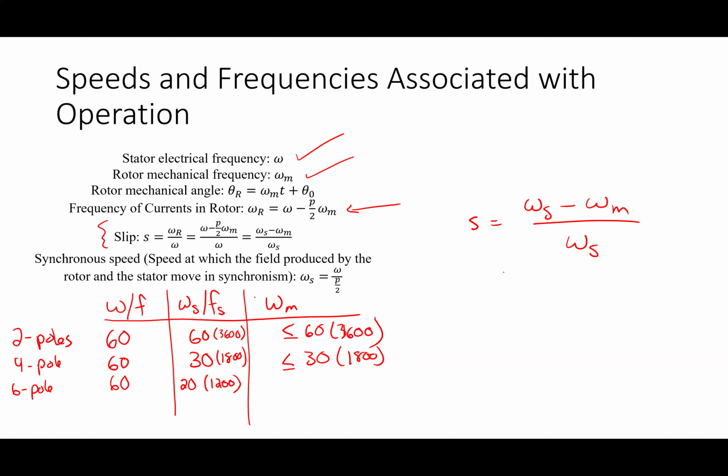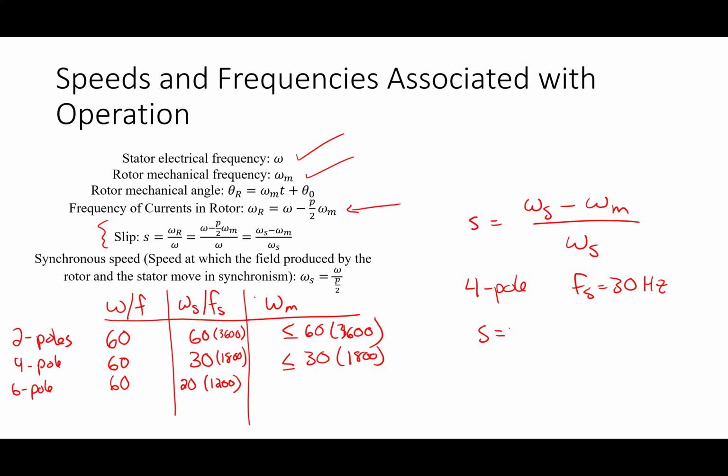Let's say I have a 4-pole machine as an example, and its synchronous speed is 30 hertz. What's the slip if I'm at synchronous speed? This thing's moving at synchronous speed.